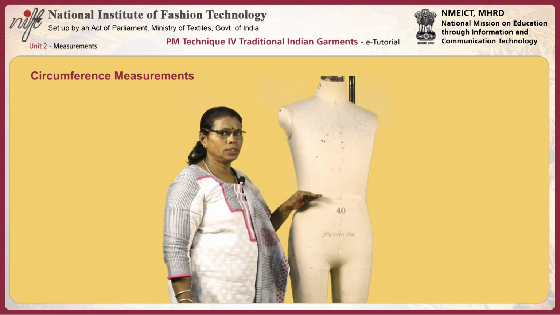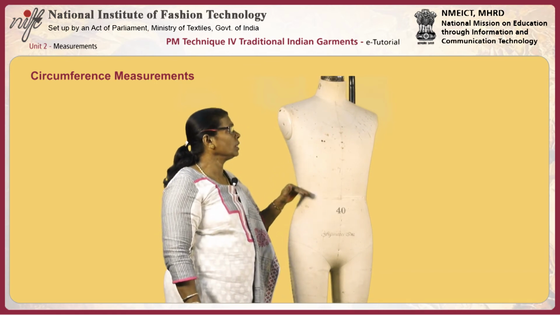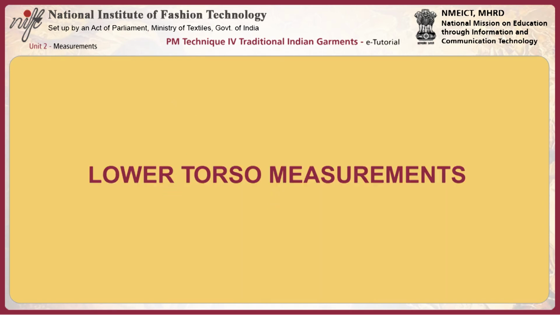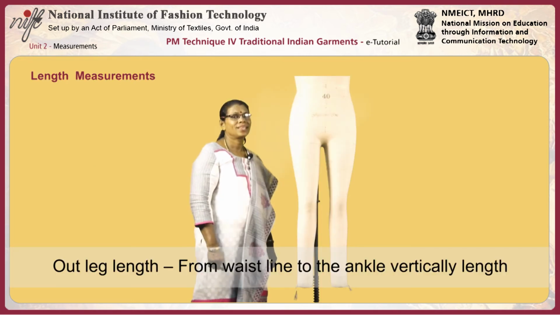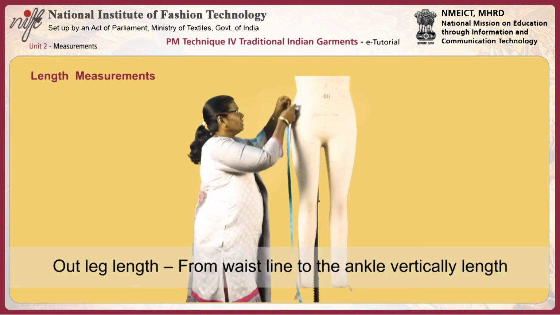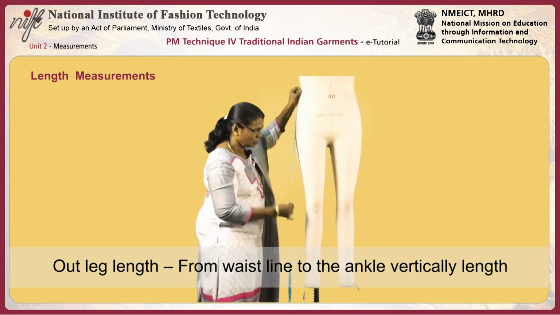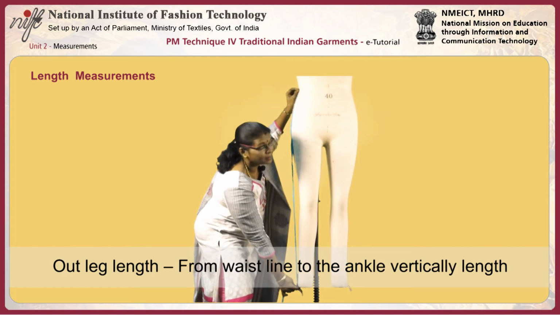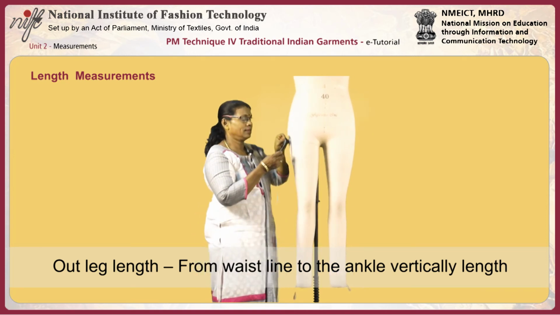These are the measurements required for the upper body or upper torso. Now we are going to see the lower torso measurements or lower body. Out leg length is from the waistline to the ankle vertically down.